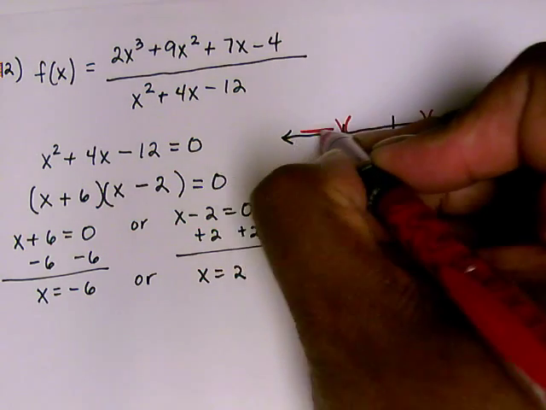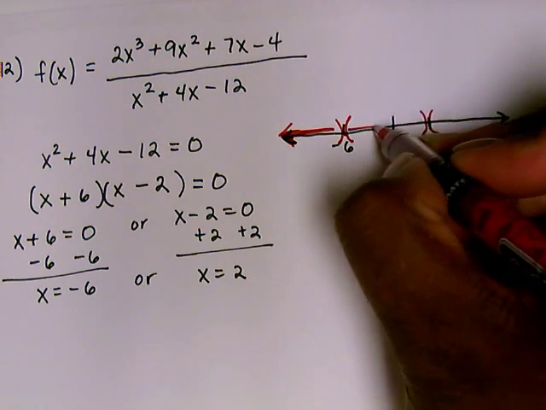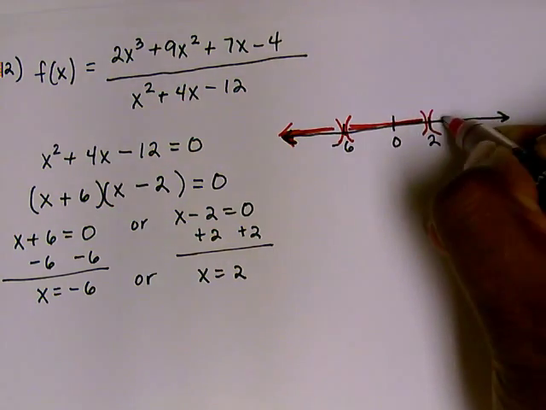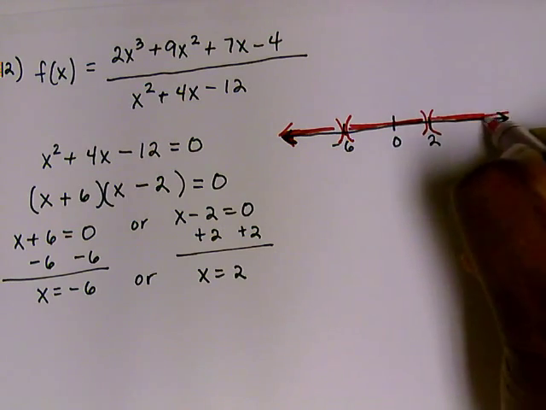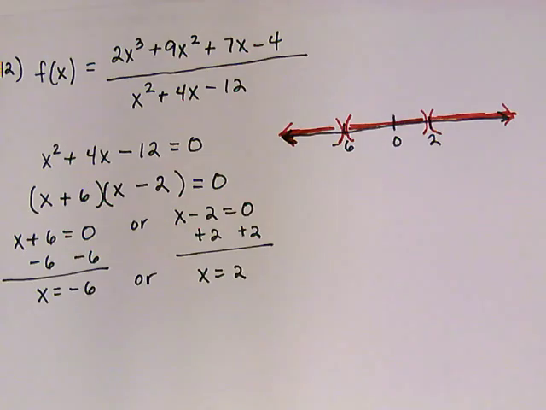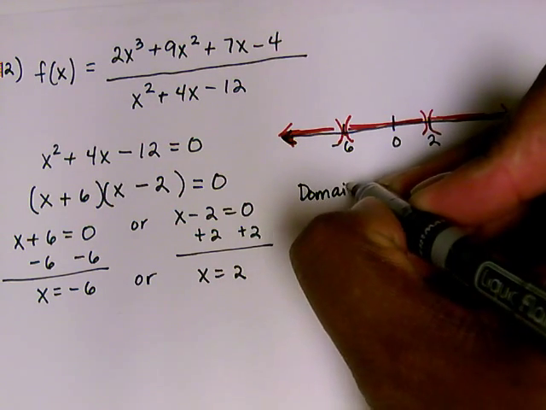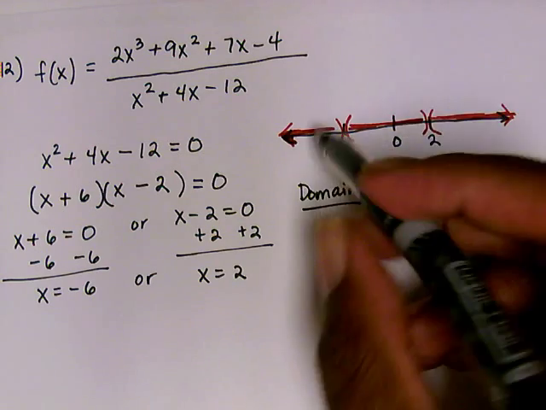Anything less than negative 6 would work. Anything between negative 6 and 2 would work. And anything bigger than 2 would satisfy that rational function. Okay, so here's the domain for that particular rational function. In interval notation, it's going to be this.